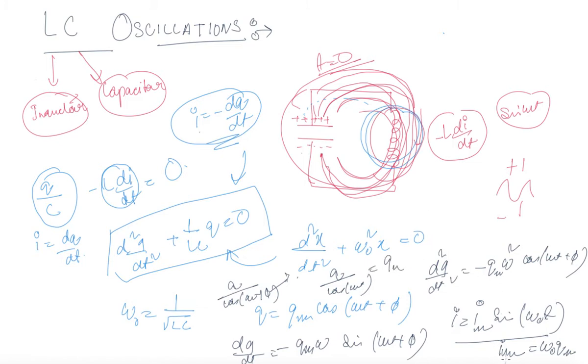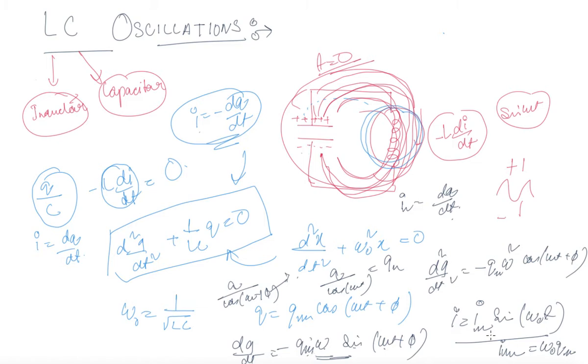Now if you look, I equals dq upon dt. So dq upon dt, as we got, is qm omega sine omega naught t. If you look over here, this is qm, that is the maximum of qm, into sine omega naught t.